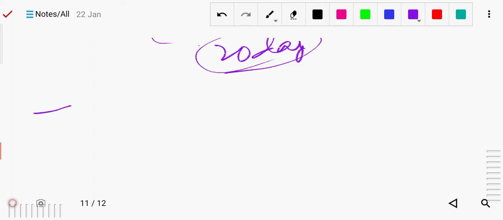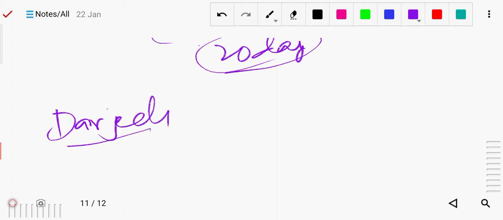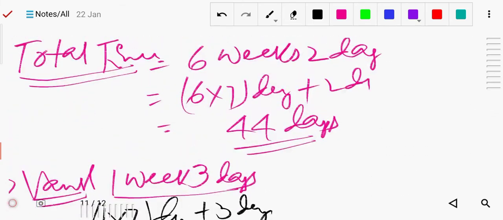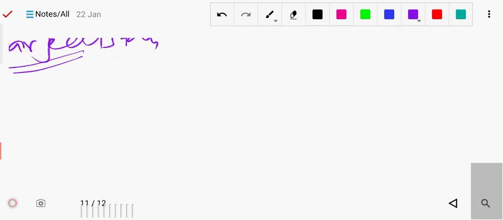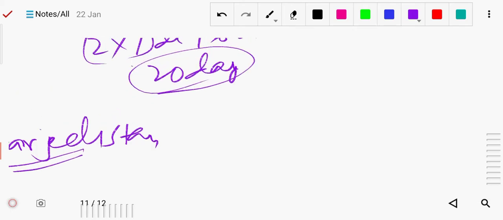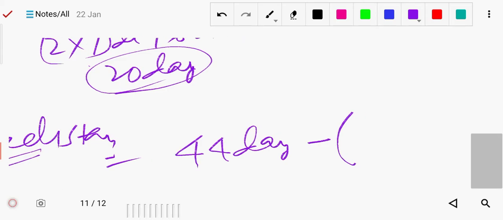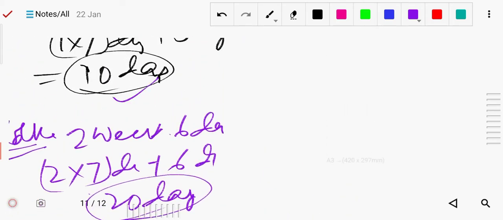So here you can find in Darjeeling, how many days she stayed? The total vacation was 44 days, you can check. So right here 44 days minus the time spent in Varanasi and Kolkata, 10 and 20.